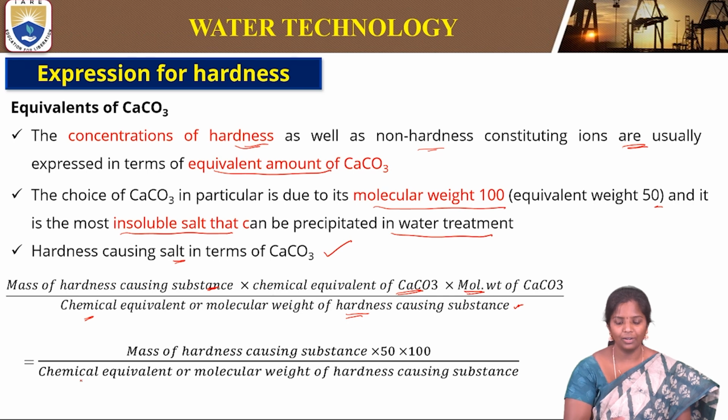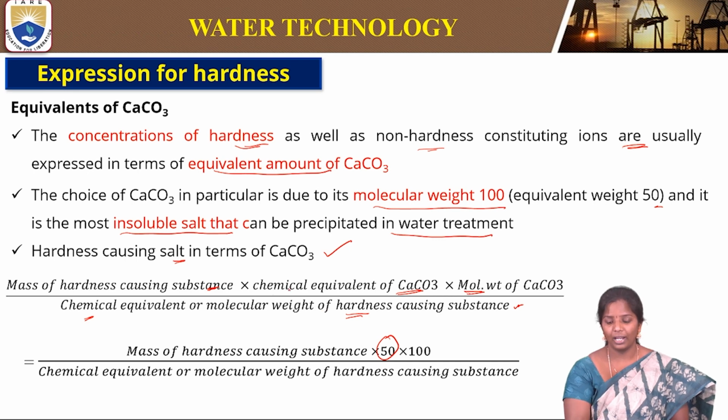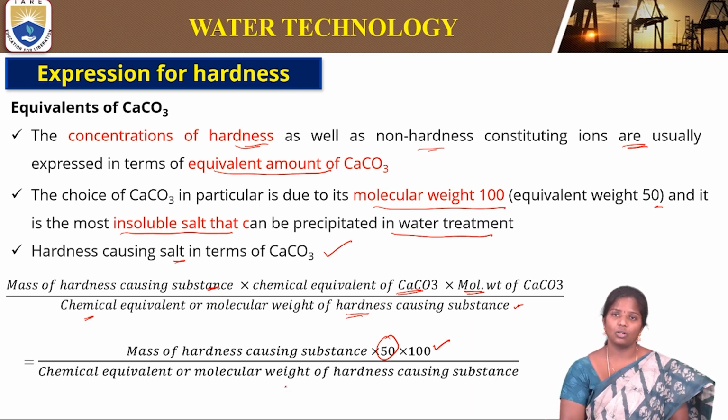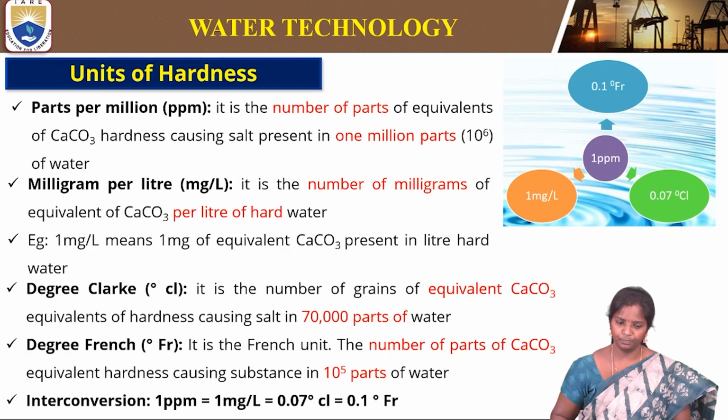That is, mass of hardness causing substance into 50, the chemical equivalent of calcium carbonate, divided by the chemical equivalent or molecular weight of the hardness causing substance. So this is how we generally use equivalents of calcium carbonate for expressing hardness.